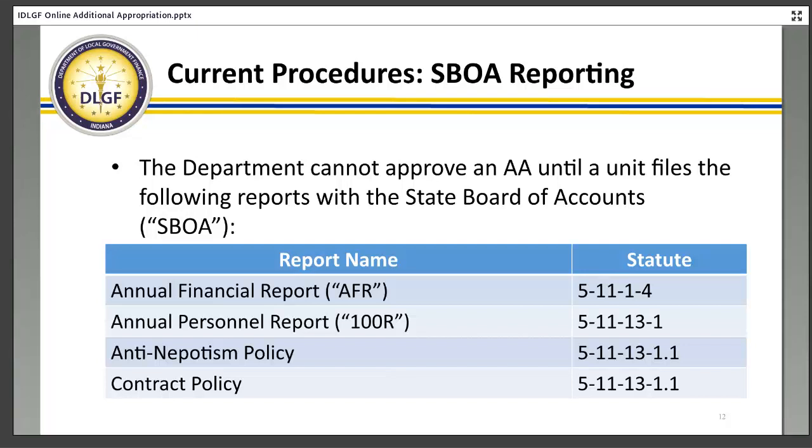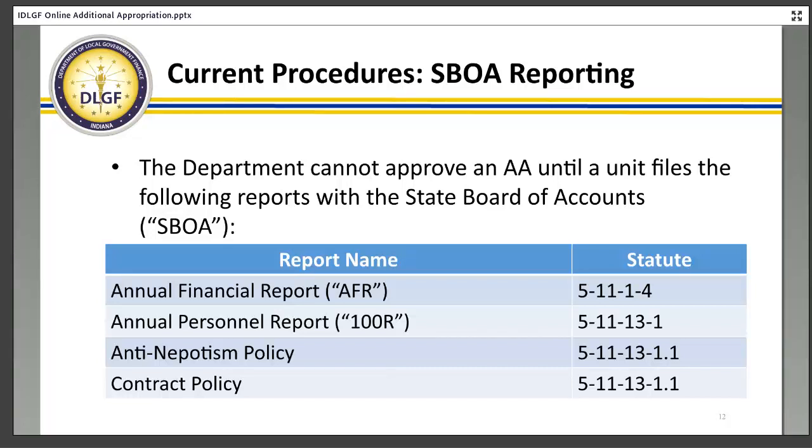Now, if I can speak directly to the newly elected officials who may be listening, it is likely that your predecessors have already filed these reports. If you have questions about whether or not they did or where you can find that, those questions can be directed to either your local DLGF field rep or to State Board of Accounts. They'll be able to show you where you can find that information through Gateway.